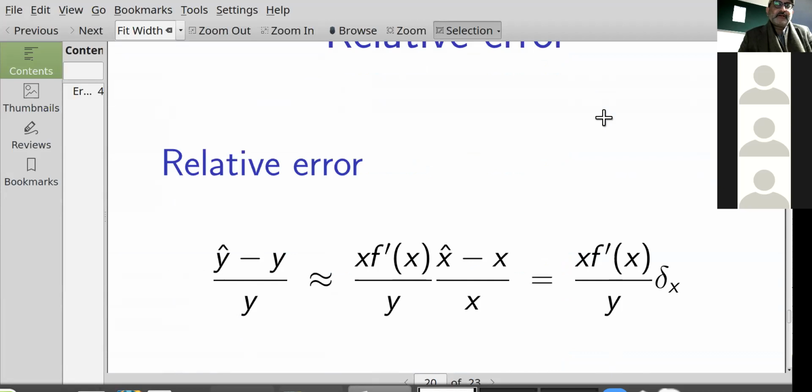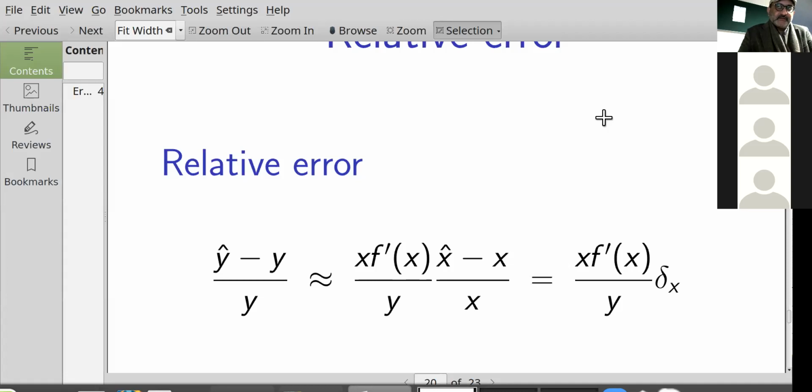If I want to talk about relative errors of x, then I want to divide by x. But if I want to maintain an equality, when I divide by x, I should also multiply by x. So I'm multiplying by x on the top, and dividing by x on the bottom. I haven't changed anything. But doing that allows me to replace x hat minus x divided by x with the relative error on x. So now I have x times f prime of x over y times the relative error on x.